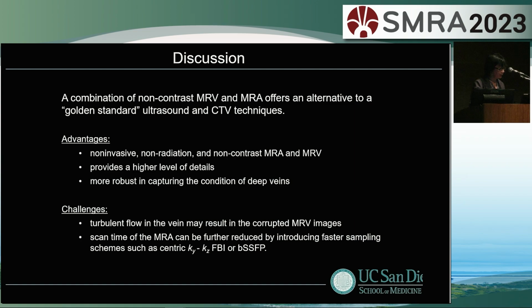Advantages are non-invasive, non-radiation, non-contrast MR angiogram and MR venogram, providing a high level of detail and being more robust in capturing the condition of those deep veins. The challenge is that sometimes turbulent flow makes the vein obscure to depict, and scan time can be reduced further using alternative k-space-based fitting.